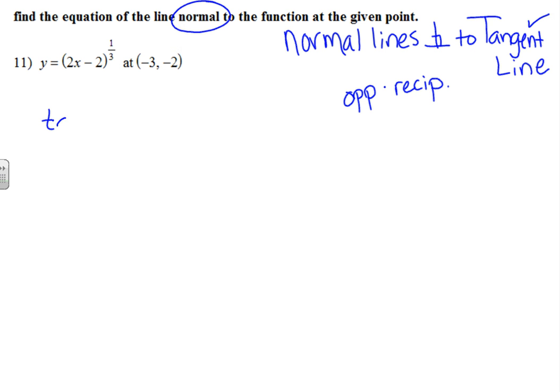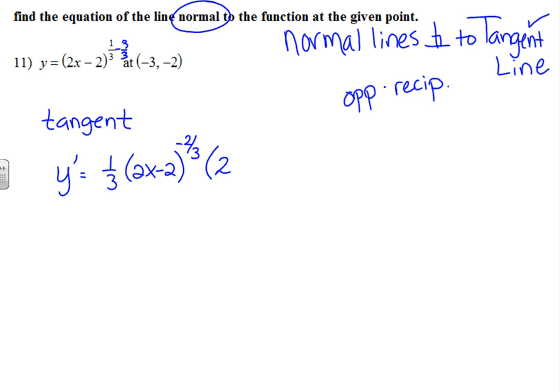So to get the tangent, the slope at the point of tangency, I am going to take a derivative. So y prime is equal to, the power comes down, 2x minus 2. Power gets reduced by 1. So if I subtract 3/3, I'm going to go to negative 2/3. Multiply by the chain rule. Derivative of the inside is a 2.